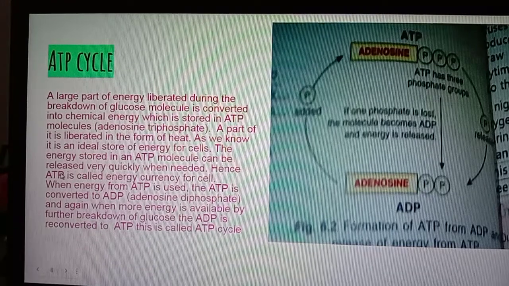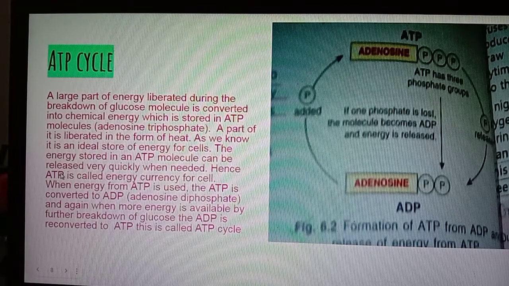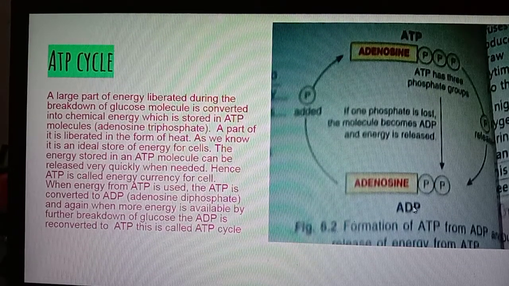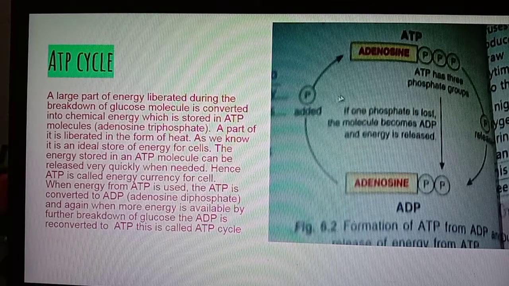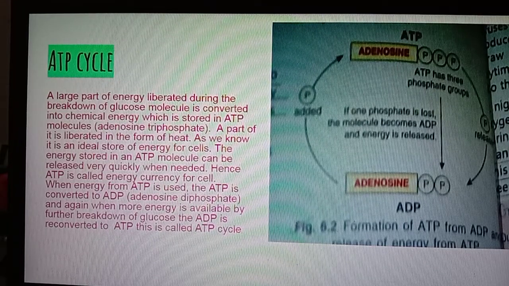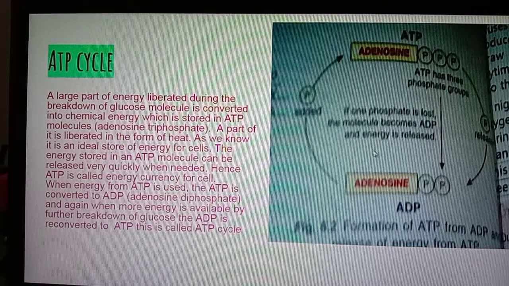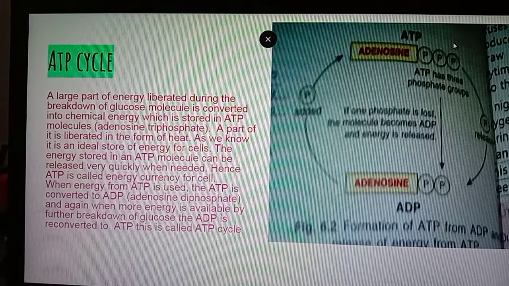And again, when more energy is available, this ADP gets converted into adenosine triphosphate, ATP. This process is called the ATP cycle. So it goes on: ATP gets converted into ADP, ADP again gets converted into ATP. This process goes on.